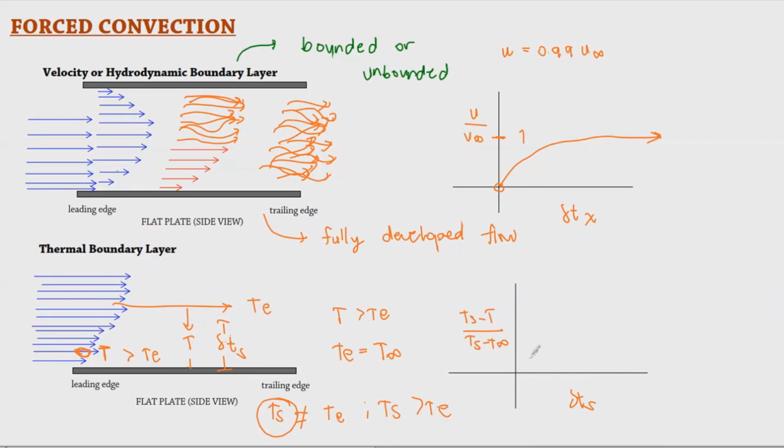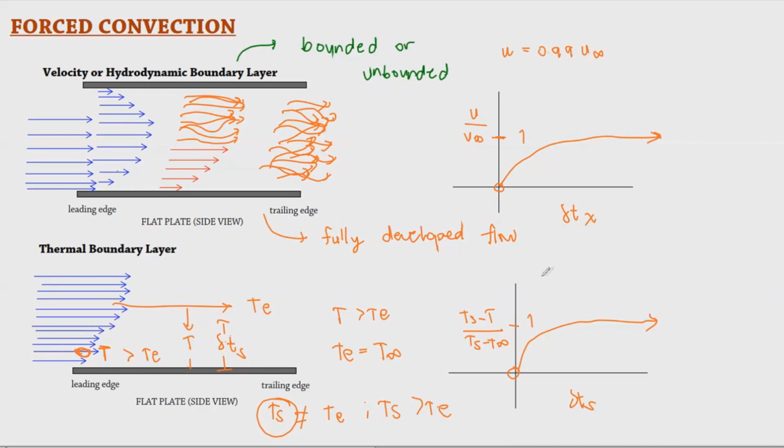So in this case, this becomes 0. Like the velocity profile, there's just this kind of graph, and there's just this 1. If this is equal to 1, we could say that this T is actually equal to T infinity, or TE, and that happens when we're past this thermal boundary layer thickness.